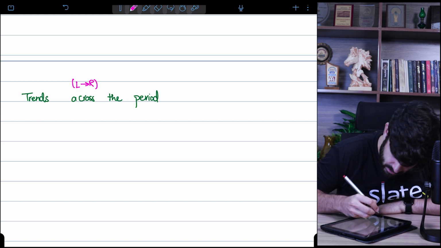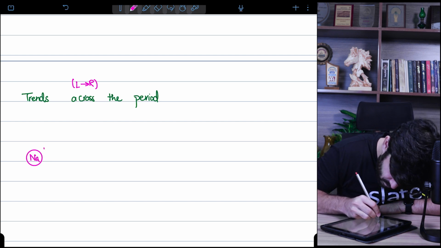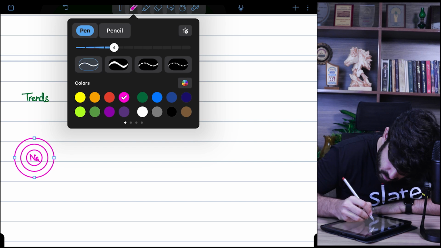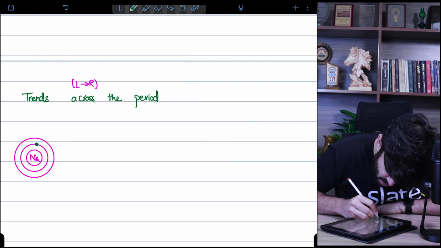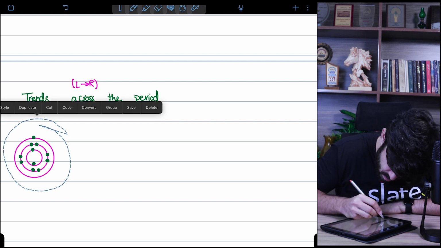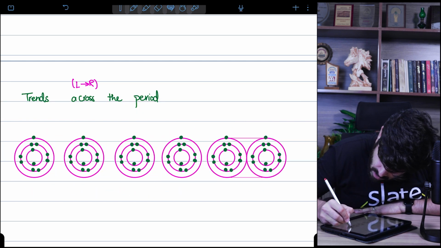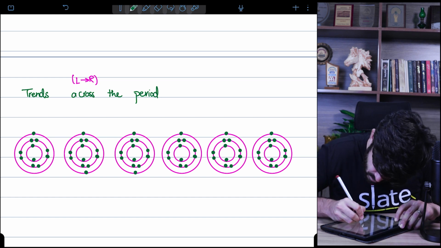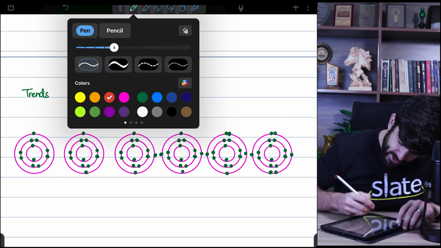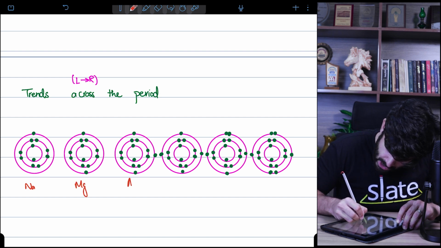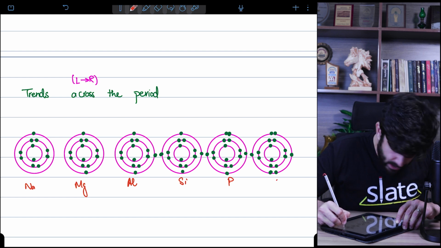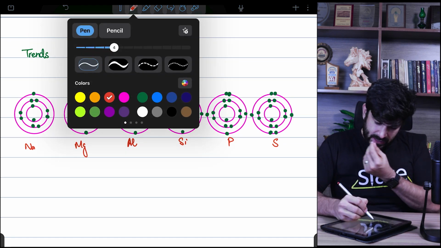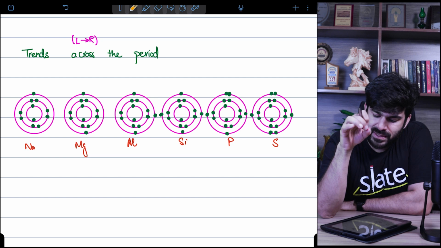Now, let's look at an example, sodium. In this case, we have sodium, magnesium, aluminum, silicon, phosphorus, and sulfur.